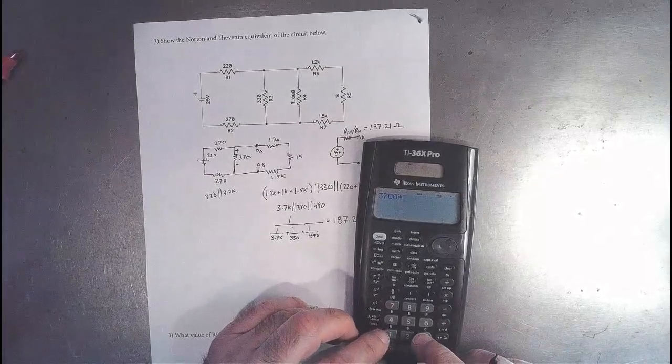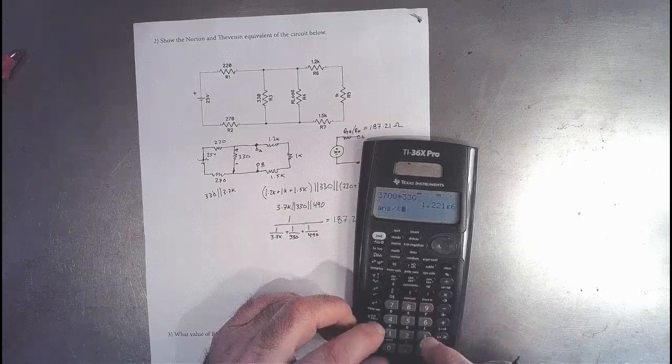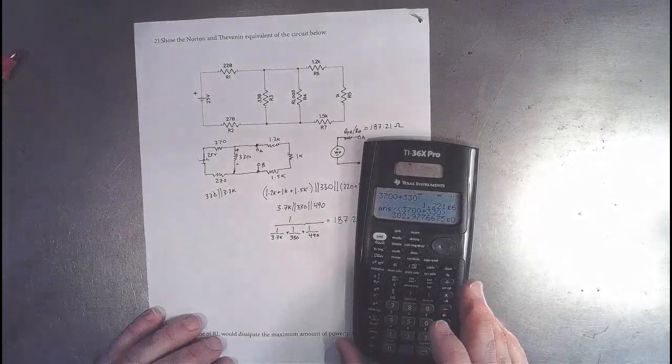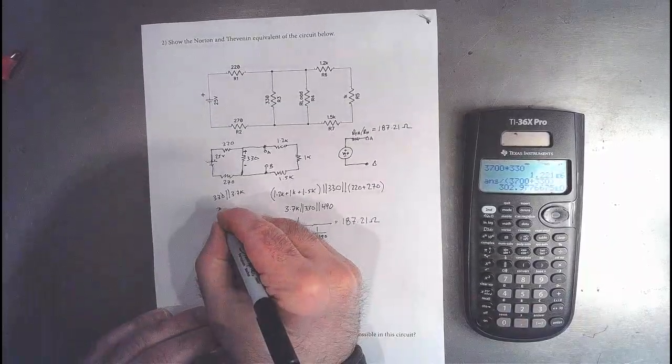So let me see what that is. 3,700 times 330 divided by 3,700 plus 330. So that is 302.97. I'm going to call it 303 for good measure.